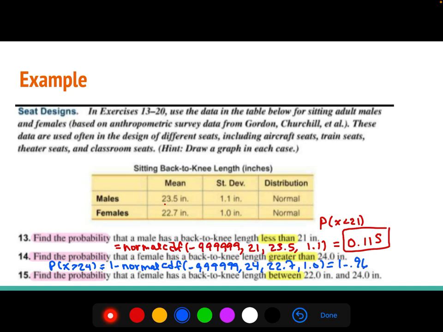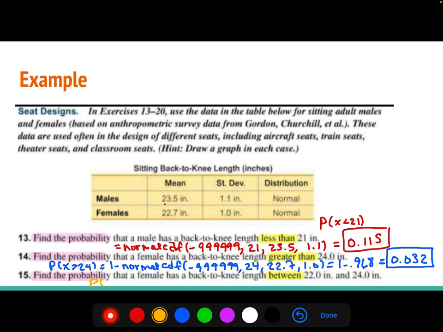And that's 1 minus 0.968, which is 0.032. So there's not very many females that are above that.